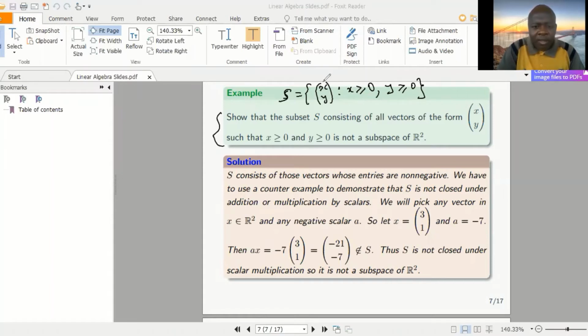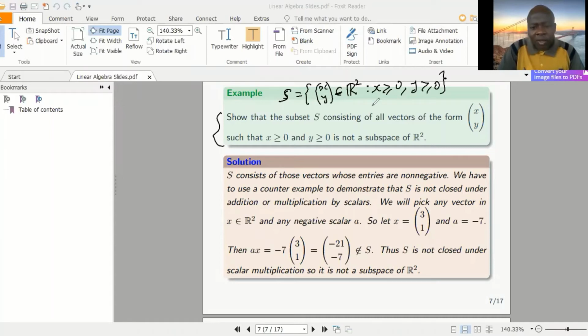Let me just erase a bit of it and then repeat something. Somebody can even write it again this way, in R2, such that x is greater than or equal to 0, y is greater than or equal to 0.